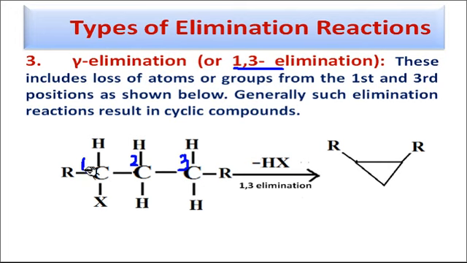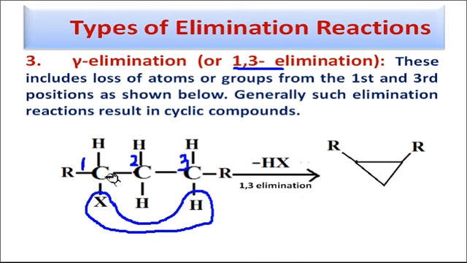When elimination takes place from the first and third carbon atoms, it is called gamma elimination. When this type of elimination takes place, one valency of carbon atom number 1 and one valency of carbon atom number 3 is free. Now carbon atom number 1 forms a bond with carbon atom number 3.